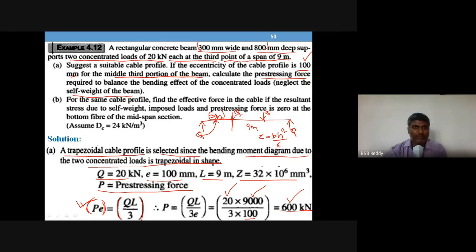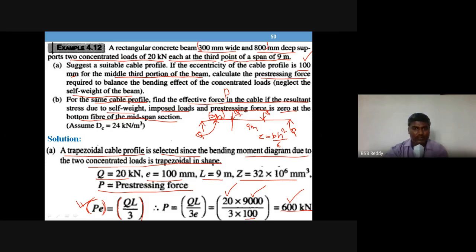Next, question B. For the same cable profile, find the effective force in the cable, the P value again, if the resultant stress due to self-weight, imposed loads and pre-stressing force is zero at the bottom fiber of the midspan section.